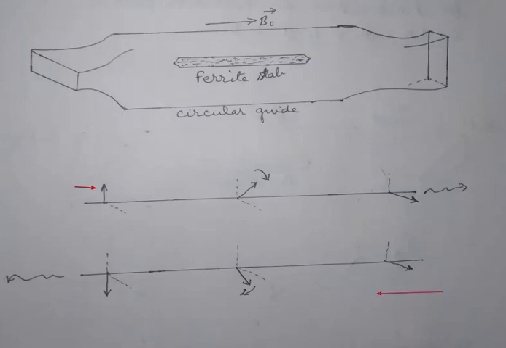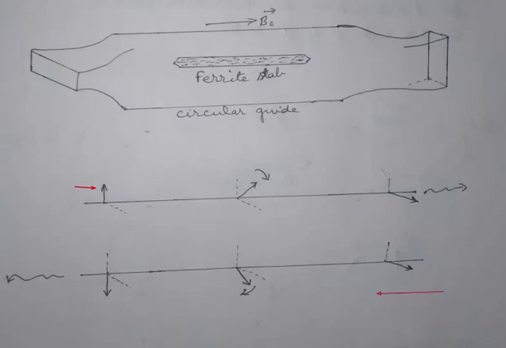So an additional 90 degree rotation will be produced here. At the input end at port 1, when this wave reaches, it again has the correct polarity to pass from port 1.